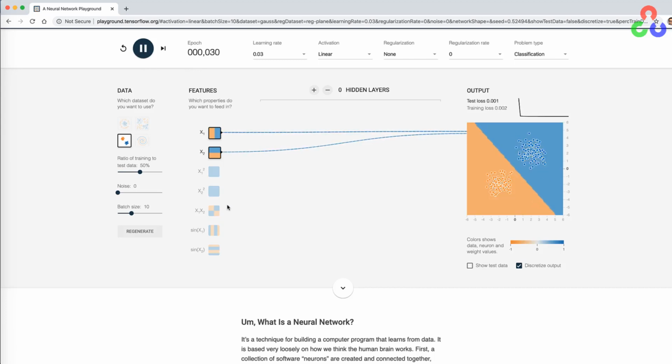Let's get started. So here, it beautifully separated the two classes. It's drawing a line that is orange on this side, which says that any points on this side belong to the orange class, and any point on that side belong to the blue class. So it did a very good job.